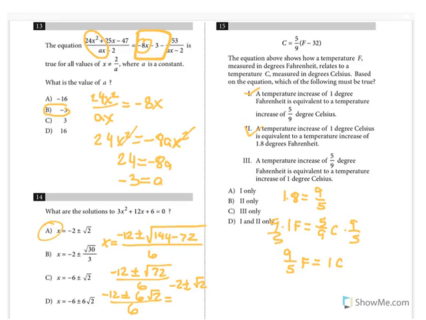A temperature increase of 5/9 degree Fahrenheit is equivalent to a temperature increase of 1 degree Celsius. Well, we just saw that an increase of 1.8 Fahrenheit is an increase of 1 degree Celsius. So 2 and 3 are contradictory statements. Since 2 has to be true, 3 cannot be true. So it is D. Both 1 and 2 are true.